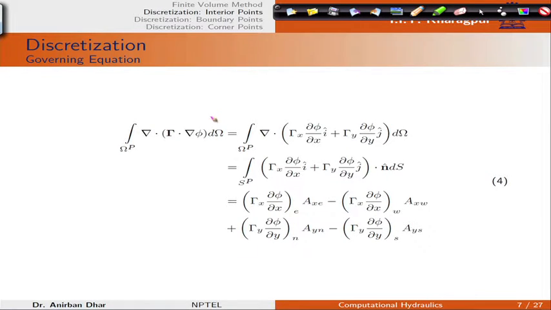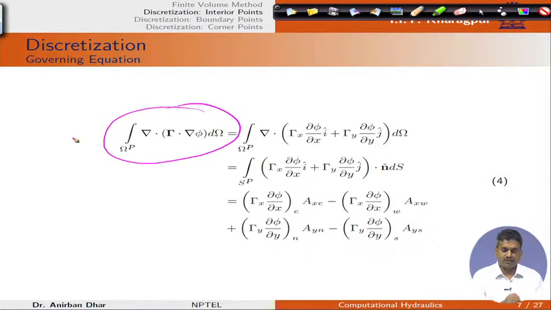If you use our Gauss divergence theorem, this is our volume integral. We can write this volume integral as gamma x d phi by dx i, gamma y d phi by dy j. i, j are unit vectors in x and y directions. This is corresponding to x, this is corresponding to y.